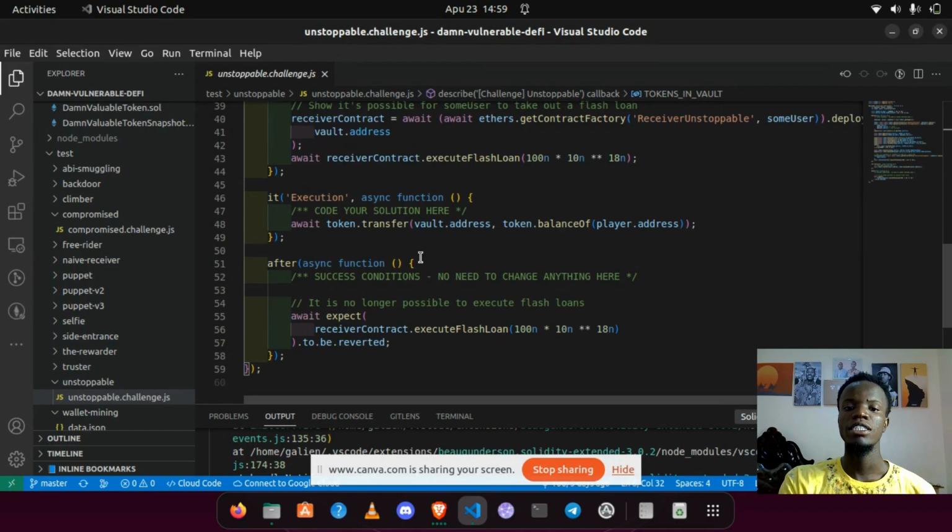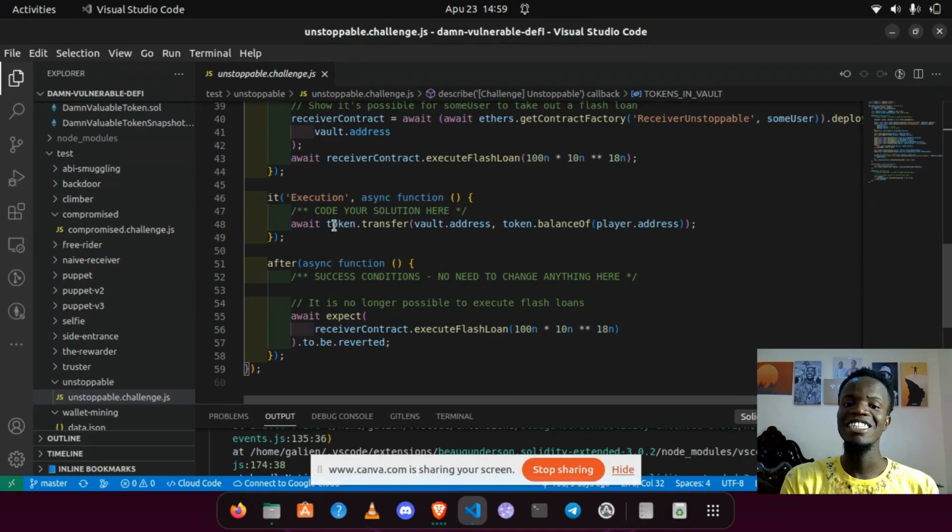And to do it is just by sending tokens. In our Unstoppable vault, we compare the total supply converted to shares with the balance buffer, and the balance buffer is 1 million DVT, and the total supply is 1 million DVT. Well, how can you break this?